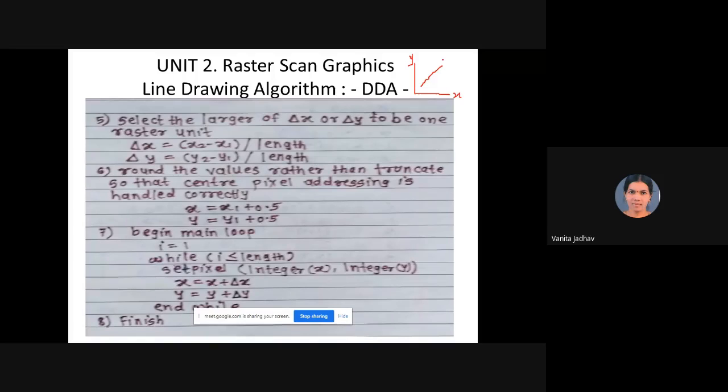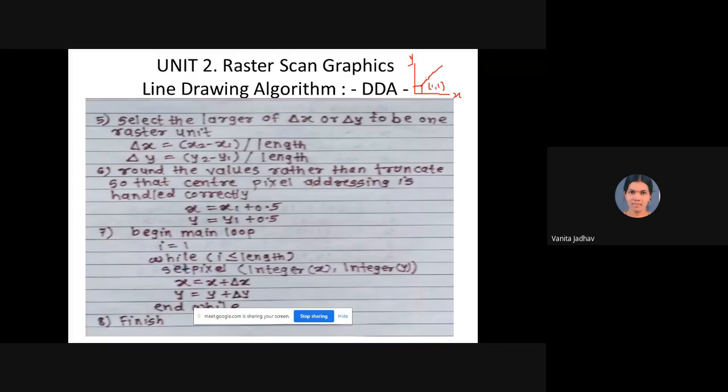Like that onwards, we need to calculate the intermediate pixels, and while we are calculating the intermediate pixels, we are considering the x coordinate and y coordinate values of the previous pixel. For example, suppose this pixel has the value say 1, 1. x value is 1 and y value is 1.